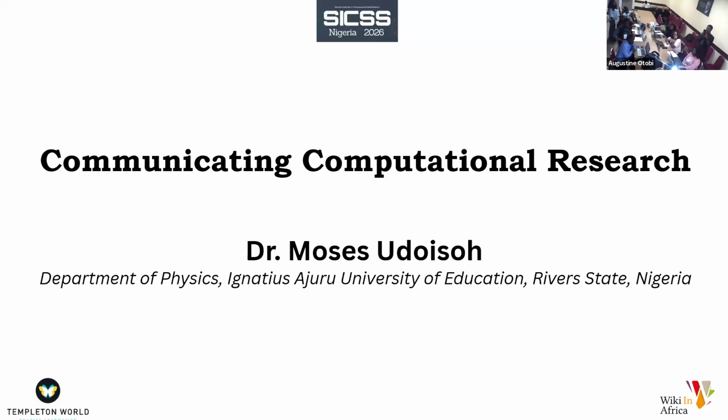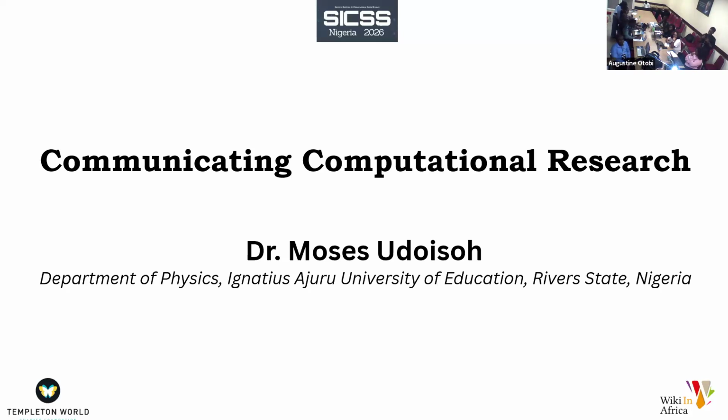And exactly how to communicate all of the data you have and pick out research problems from there. So today we'll be discussing communicating computational research. Why we need to discuss this is that it's a new kind of research.